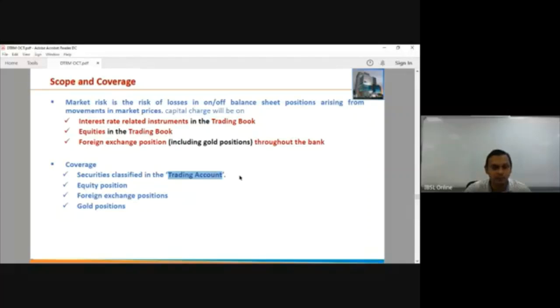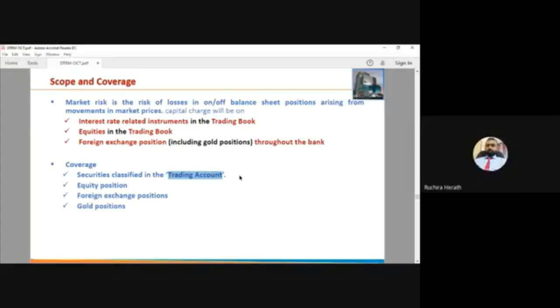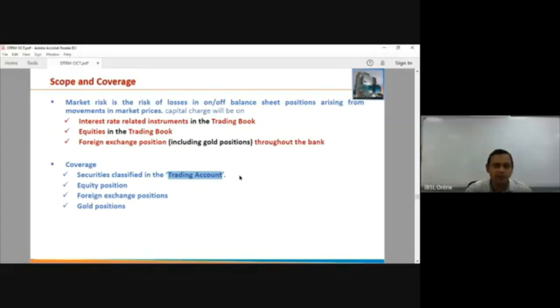Other instruments? Debentures. Yeah, exactly. Corporate debentures. Again, it could be in the trading book or it could be in the HTM. But there is a certain amount of debentures that you put under your trading book. What else? Treasury bonds also. Yeah, treasury bonds. So it could be ISBs, international sovereign bonds, right?